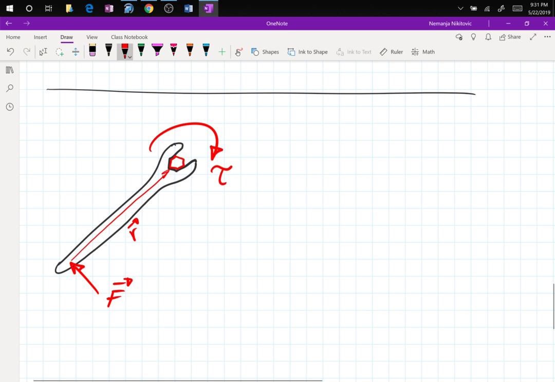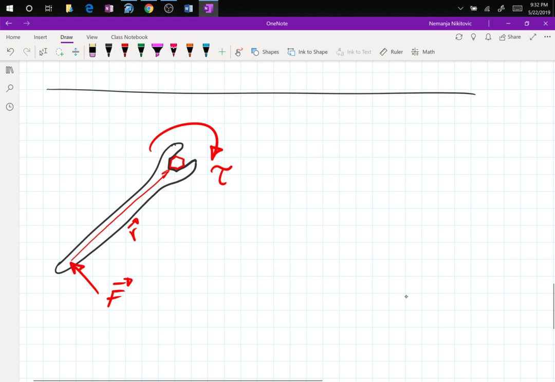So the torque is the force that is like a twist, right? So it turns. Now this is one of the examples, and then we have the force and the torque.